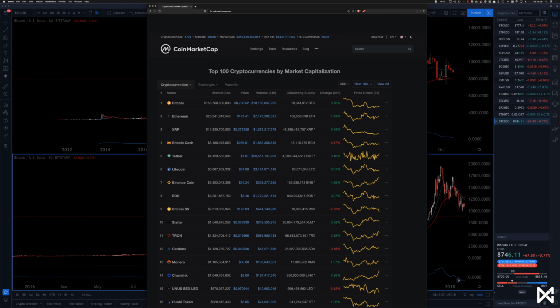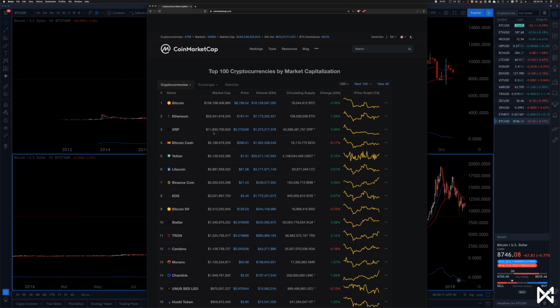When we look at this website, right away what we see is the market capitalization of every single cryptocurrency. In other words, that is the size of Bitcoin within the cryptocurrency space. That is the size of Ethereum, of Ripple, and so on.